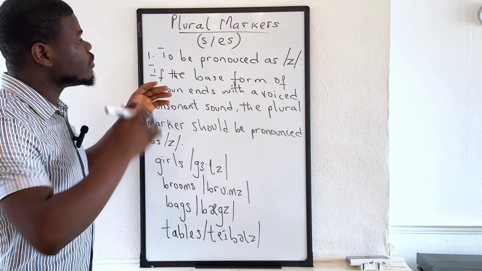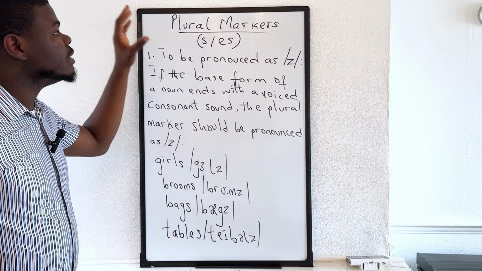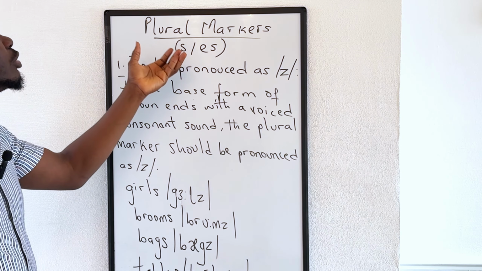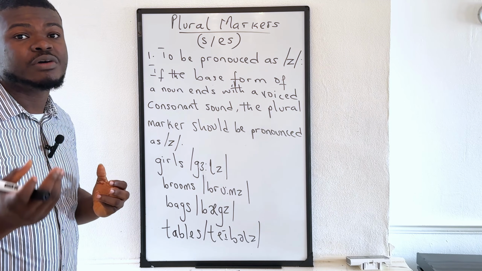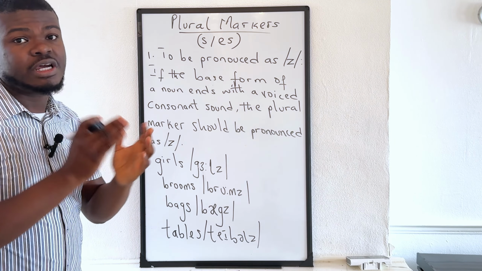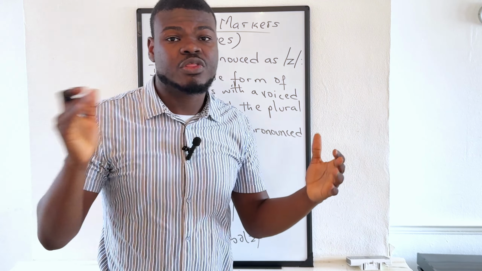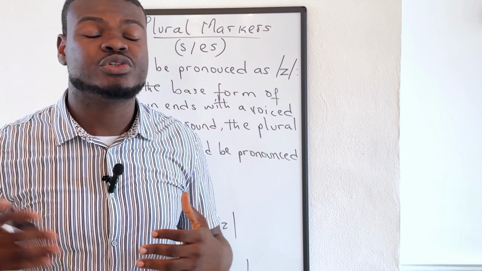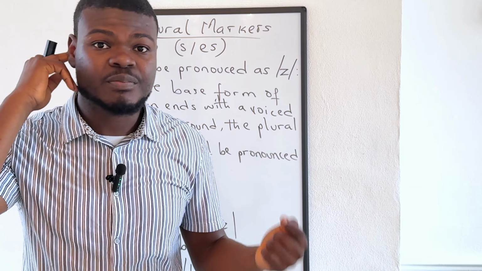And one thing I also need you to note is that when we talk about nouns taking S or ES forms, we are referring to regular nouns, not irregular nouns, because there are some nouns that we call irregular nouns, and the plural forms of those cannot be predicted. Yeah, you cannot predict them.